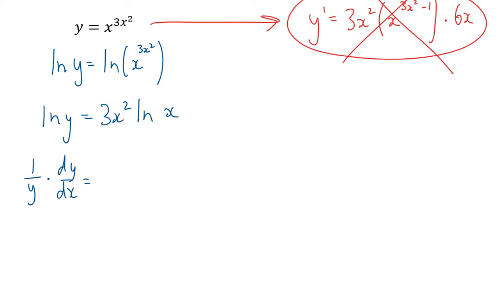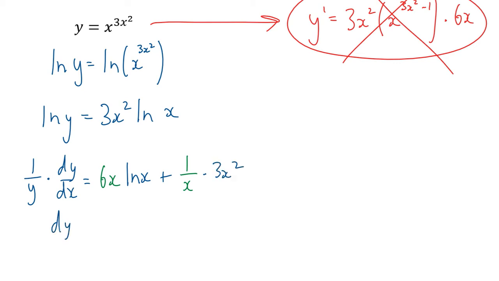And that's going to happen a lot, so get used to that, because often we just have ln of y on the left side, because a lot of these, if not all of them, are going to start as y equals. On the right side, I have product rule. Derivative of the first thing times the second thing plus derivative of the second thing times the first thing.